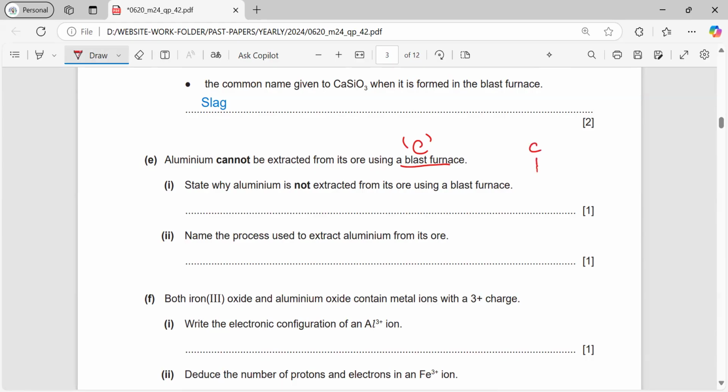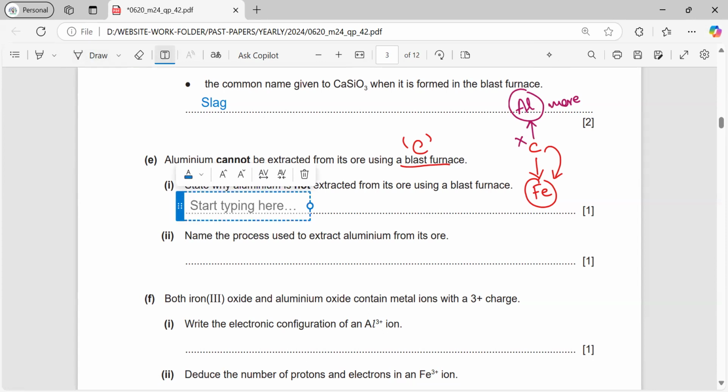So iron is present lower than carbon in the reactivity series. The elements which are present after carbon in the reactivity series can be extracted easily by carbon. As aluminium is present above carbon, its reactivity is more than carbon. That is why it cannot be extracted by reduction using carbon.